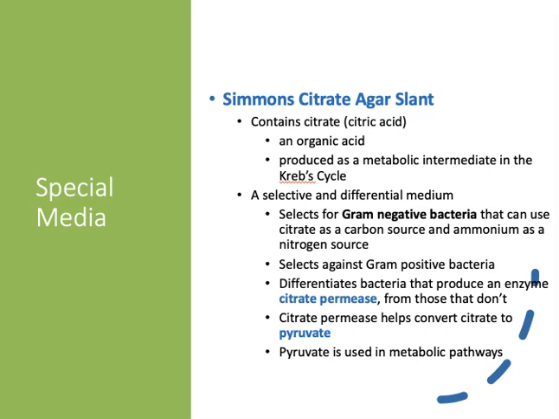There are actually a couple of enzymes involved in that metabolic pathway, and citrate permease is one of them. So, if an organism has citrate permease, it can take the citrate in Simmons citrate agar and help convert it to pyruvate. Pyruvate is just another metabolite that happens to be part of a couple of different metabolic pathways, including cellular respiration.